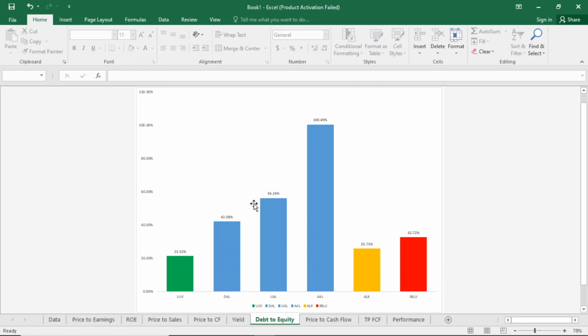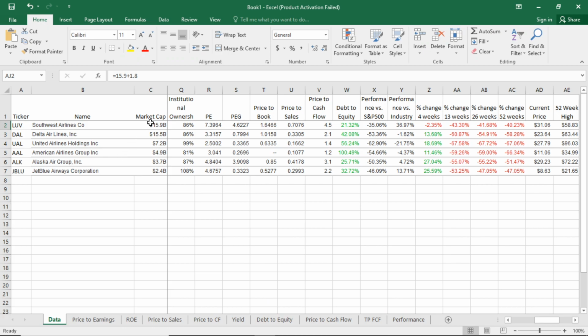So the top three airlines that seemed pretty good to us in the first few tabs, we immediately start seeing that now we have a bad taste in our mouth because there's just too much debt on these companies. And again, as I was saying in the previous video, don't let large numbers or too many numbers bog you down.